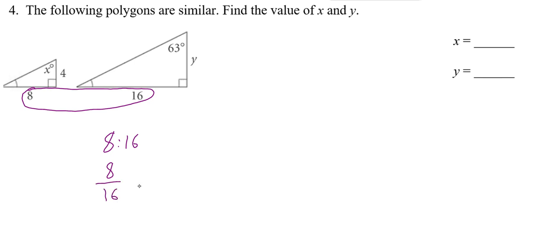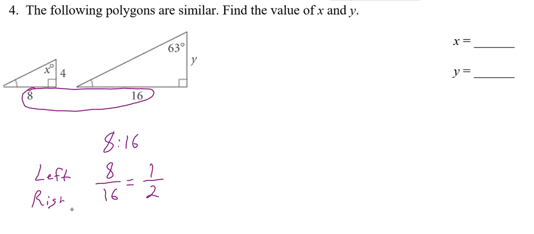Dividing by 8 on both numerator and denominator, I see that this simplifies to 1/2. So that's my similarity statement. If I want to use this to solve for my y value, notice 8 is the triangle on the left, and 16 is the triangle on the right.